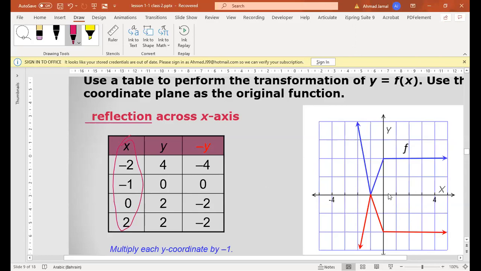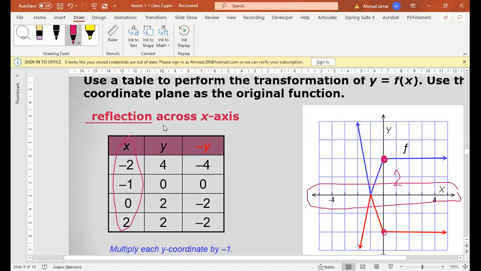Okay, I will check this reflection across the x-axis, yes or no. Where is the x-axis? This x-axis. Reflection means the point reflects by the same distance. I will check if this point is the same distance from the x-axis as the new point. Yes. I will check here 1, 2. So I have 2 distance from the point to the x-axis. Why x-axis?